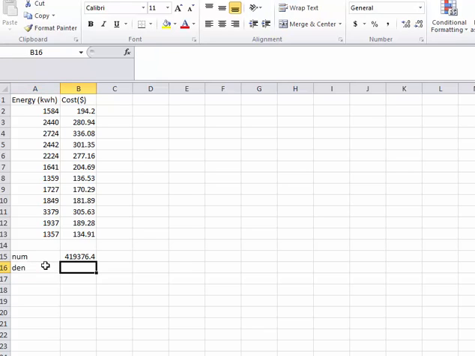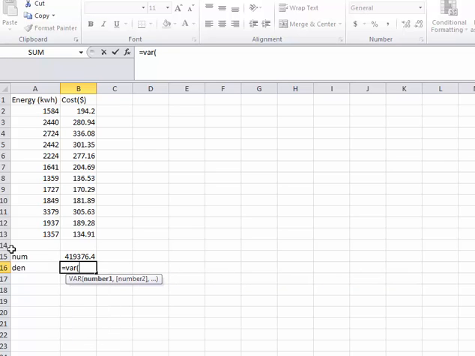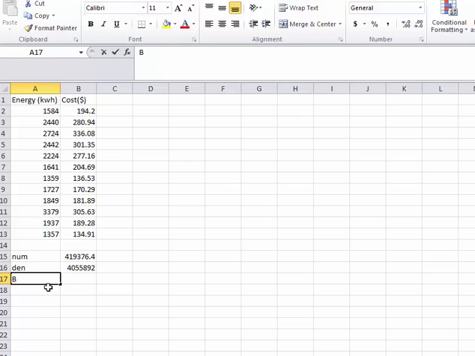Our denominator is equal to the variance, but just of the x values. So in this case, that's our energy. And then we multiply that by n minus 1, which is 11. And so we get a beta 1 value equal to the numerator divided by the denominator, and that's our beta 1 value.